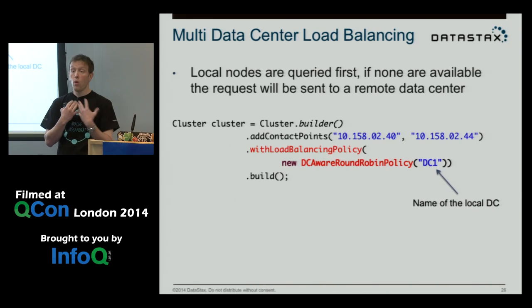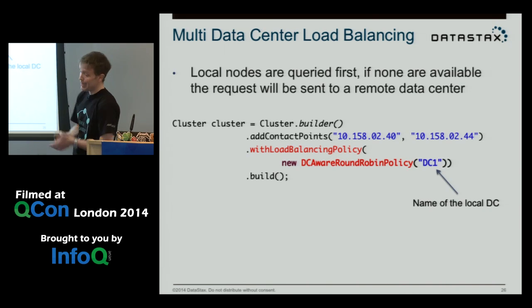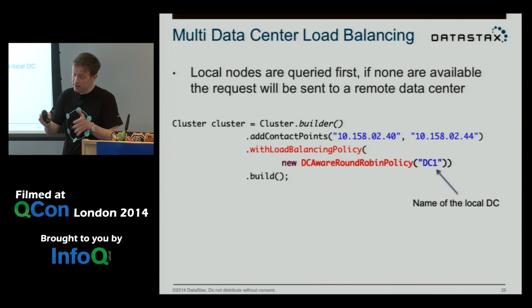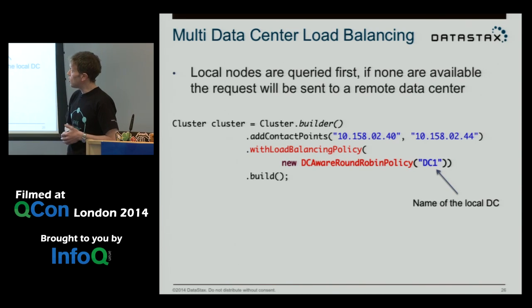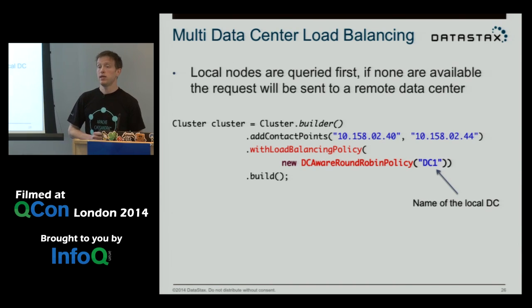And what this is saying to your client is, you're now aware of all the different data centers in my cluster, and obviously it is a round-robin policy within that data center. All you're doing is, when you instantiate that cluster, and you've added your contact points, you say use this load balancing policy, instantiate that DC-aware round-robin policy, and pass in the name of your local data center.